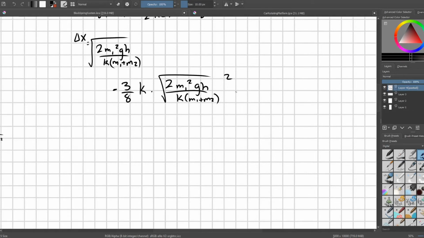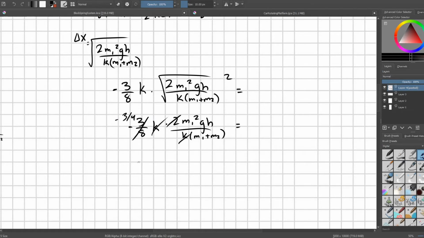Oh boy. It's going to equal negative 3/8 times k times 2m1 squared gh over k times m1 plus m2. These k's are going to cancel out. This 2 is going to multiply on this, make this negative 3/4.